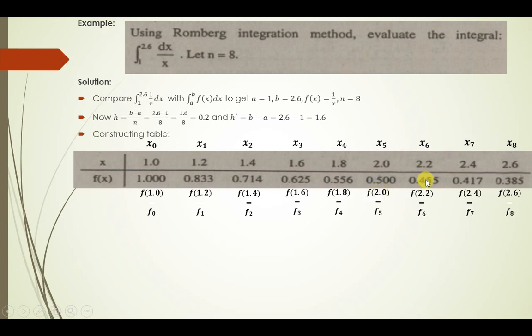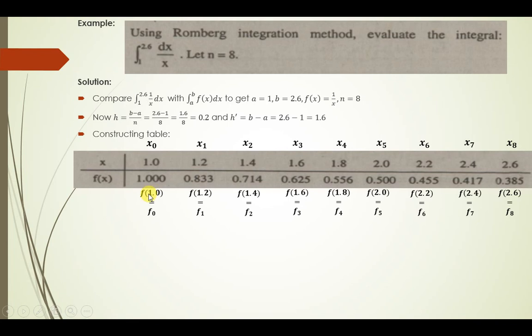This value is f of 2.2, and this value is f of 2.4. The last value of the function is f of 2.6. All those function values will be denoted by f0, f1, f2, f3, and so on. So these are the function values.